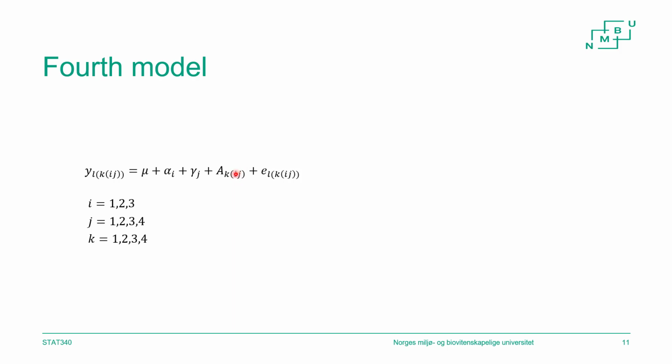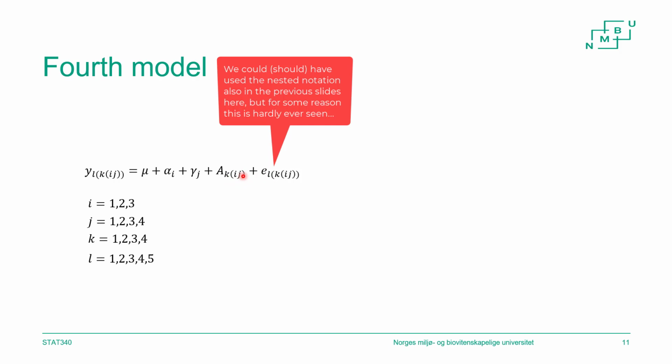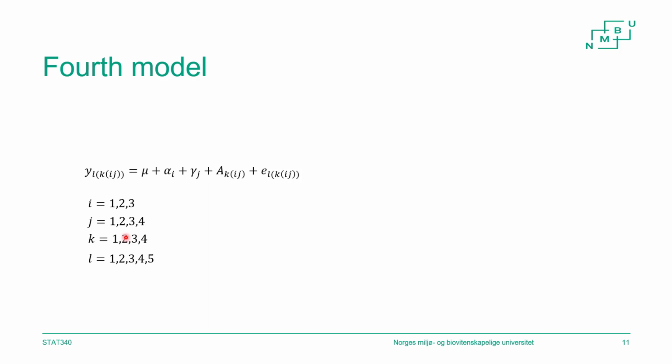So there are actually 48 boxes, since there are 3 times 4, 12 combinations, and for each of the 12 combinations there are 4 boxes. 12 times 4 is 48. And then we finally have L1, 2, 3, 4, 5, because those are the 5 different plants within each box, within each treatment and family combination. And that's all the data we have. 3 times 4 times 4 times 5 is 240.